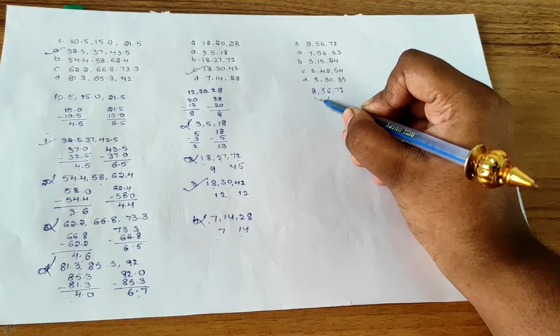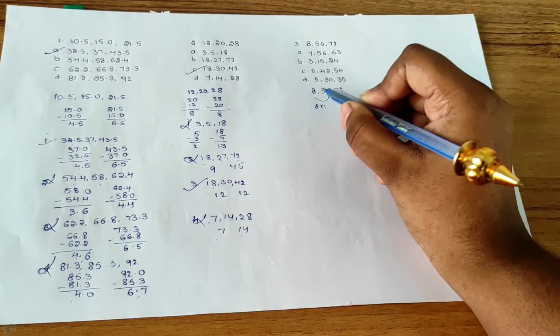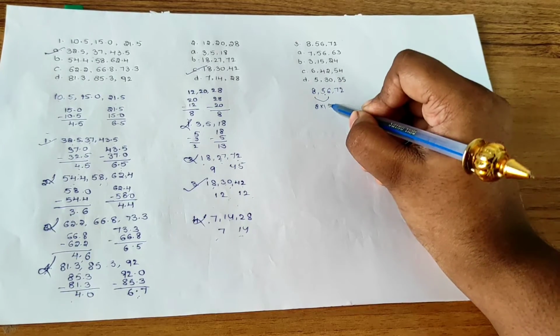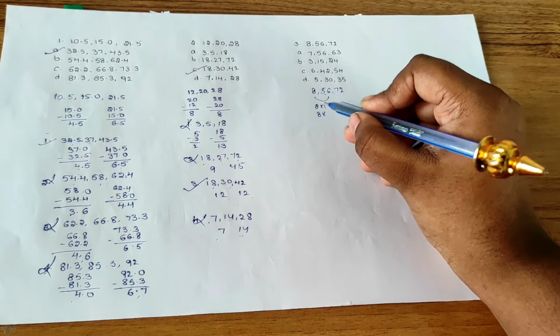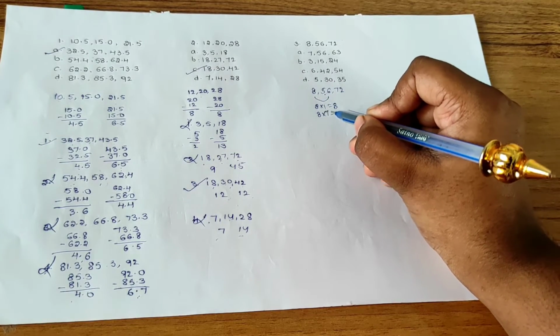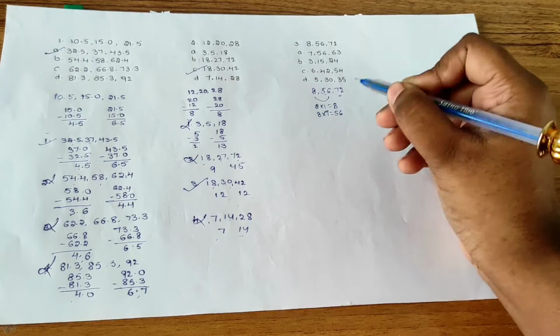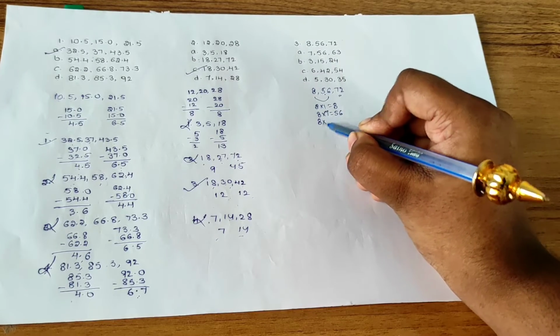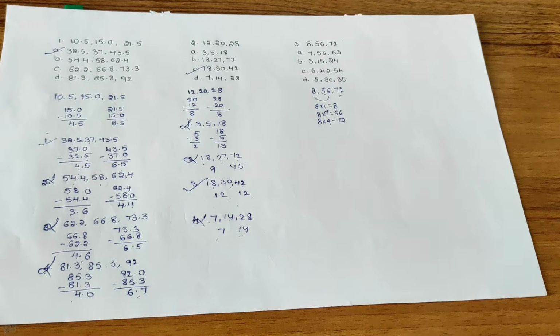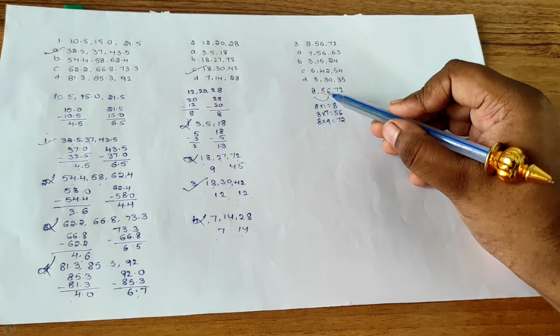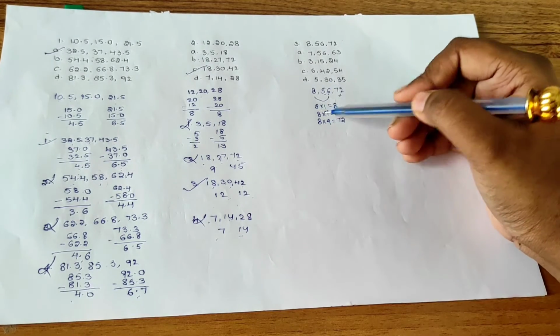The first one is 8 ones are 8, and the second number, 56, is a multiple of 8, that is 8 sevens are 56, and the third number, 72, is 8 nines are 72. So the second and third numbers are multiples of 8 by 7 and 9.